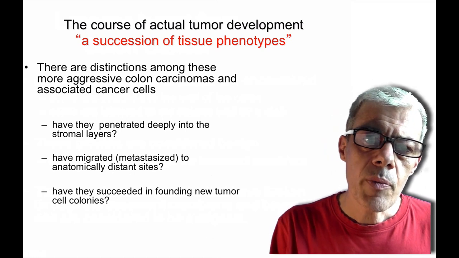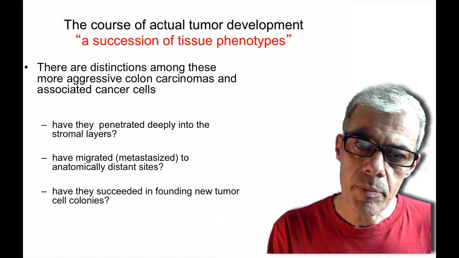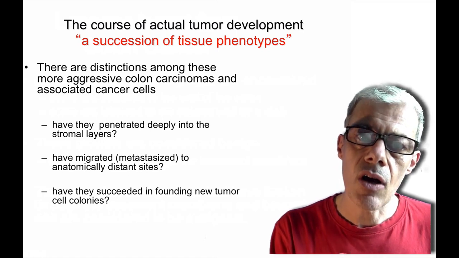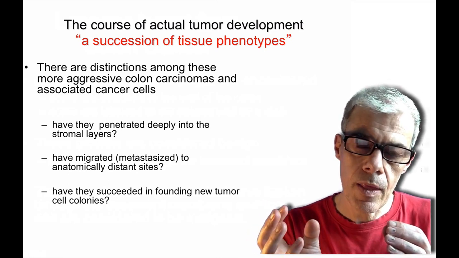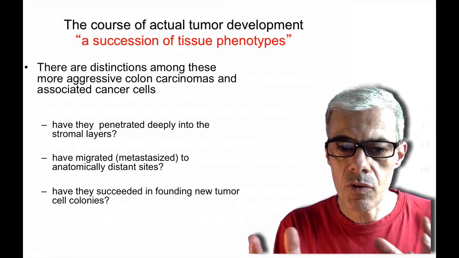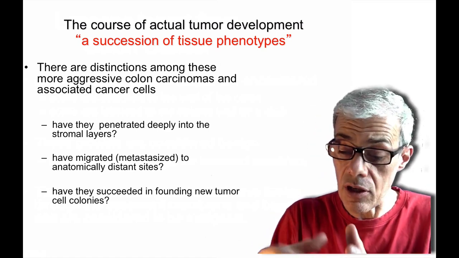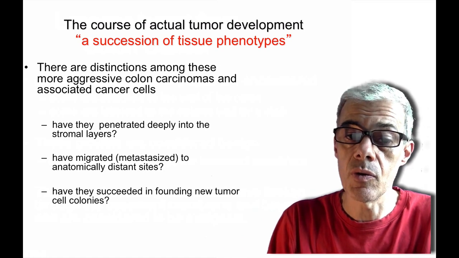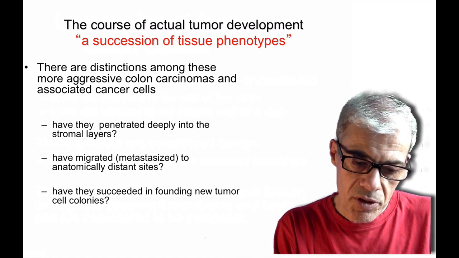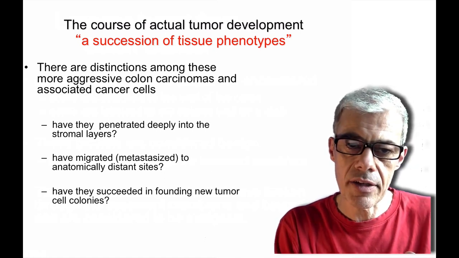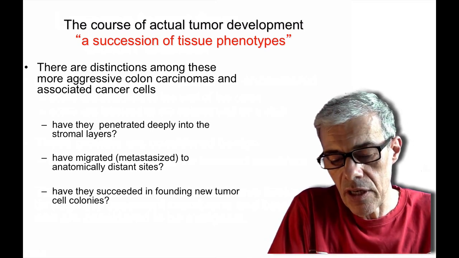So when we're looking at colon cancer, it became apparent that tumor development is a series of phenotypes occurring in the same tissue. There were two schools of thought at the time. One is that a normal cell can undergo a mutation, giving rise to a highly malignant cell. The other theory was that a normal cell undergoes a small change, giving rise to a cell with a slightly different phenotype.